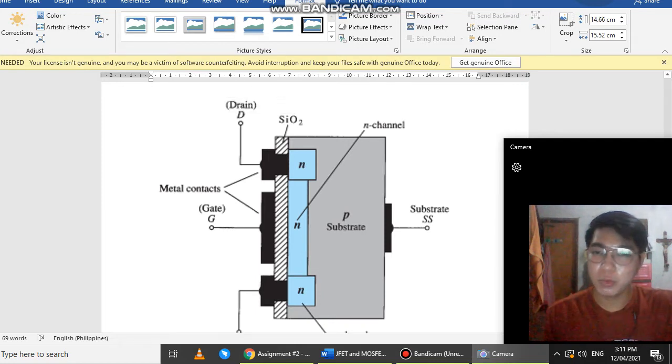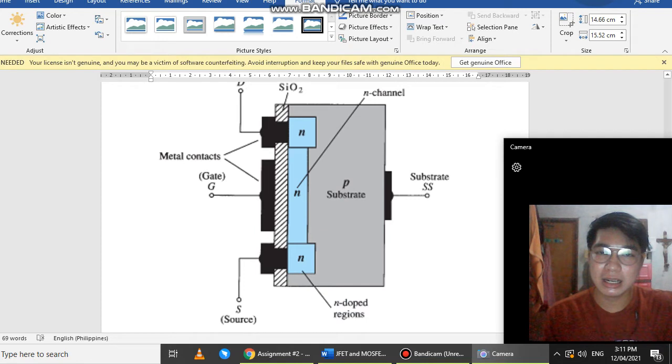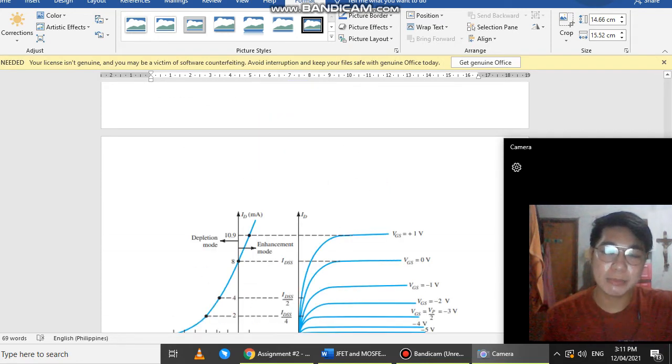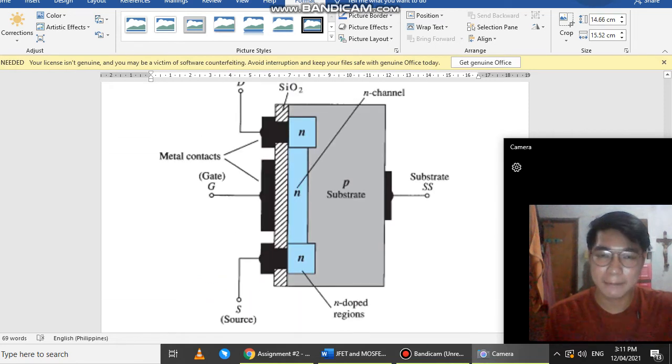But when we put a positive charge on the gate, there is an enhancement mode that could act on the MOSFET. Basically, through the law of attraction, which states that opposite charges attract and like charges repel.